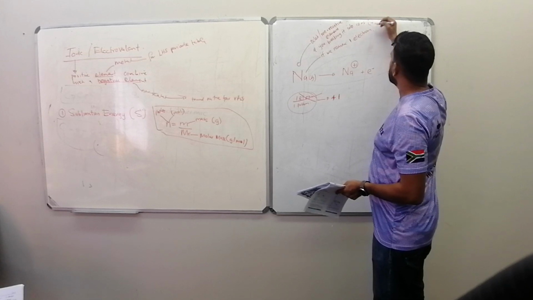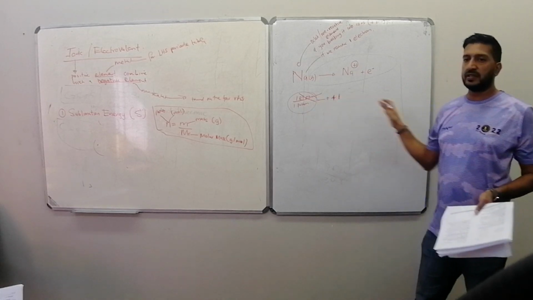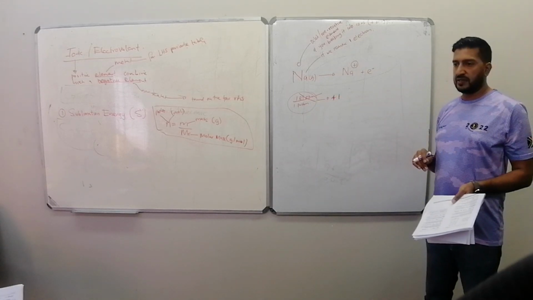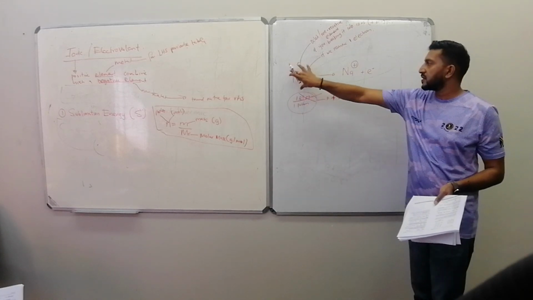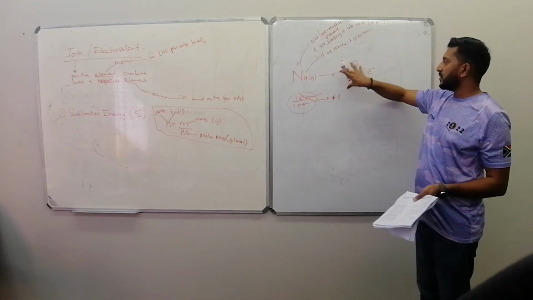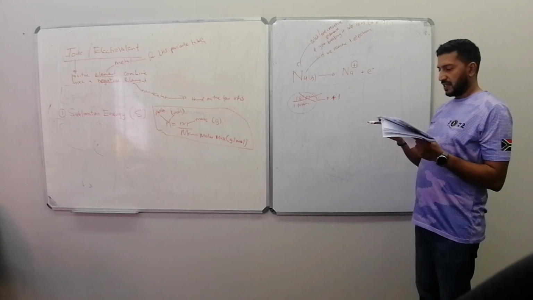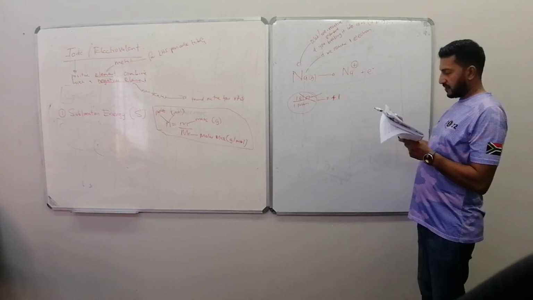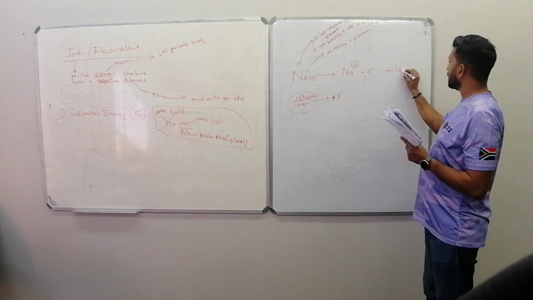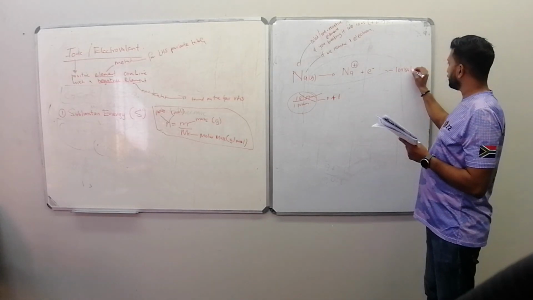Ions can either be positive or negative. That's why we're calling it ionization energy, because we took this non-reactive sodium and broke it down into ions. So this is known as ionization, right? This is known as? Give another example.